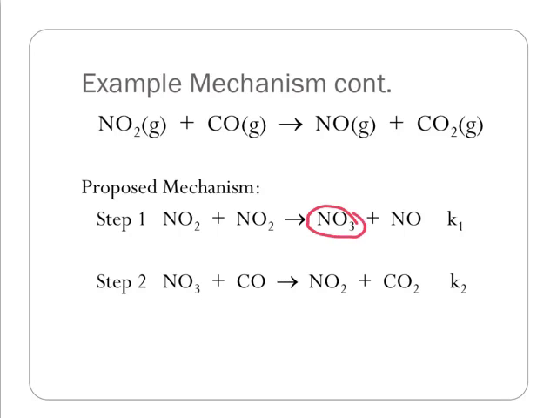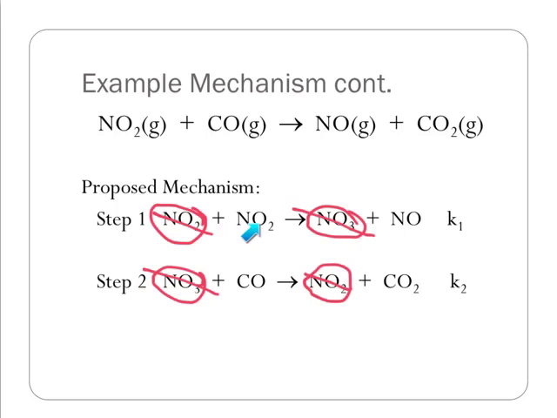So the NO3, you see I have NO3 on both sides of my two different elementary steps, so they kind of cancel out. Also, I have two NO2 on the left of the first reaction, and one on the right of the second elementary step. Those two will factor away.